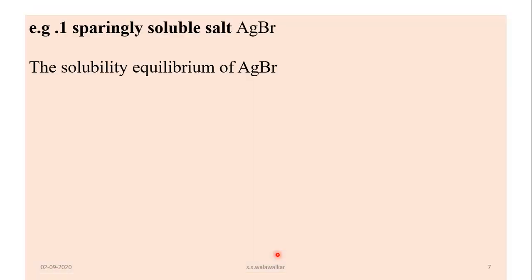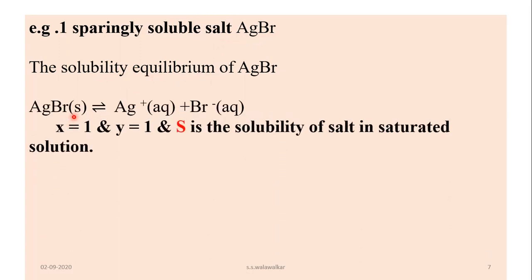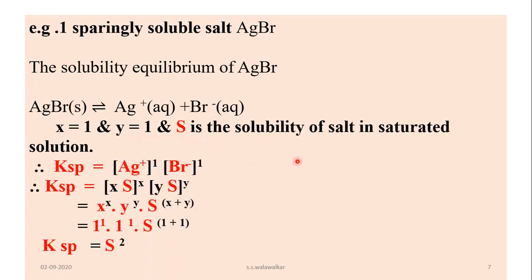Now see another example of a sparingly soluble salt, AgBr, and the solubility equilibrium for this particular salt is AgBr solid gives you Ag ions and Br ions. Now here the coefficient of Ag, or number of moles of Ag ion, is equal to 1, and the number of moles of Br ion is equal to 1, and S is the solubility of the salt in saturated solution.